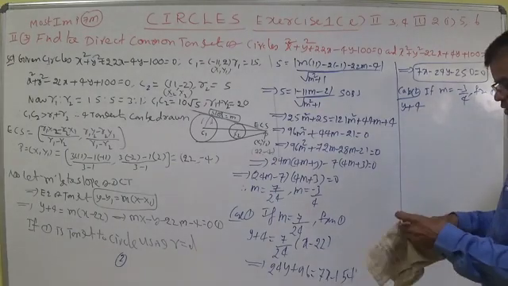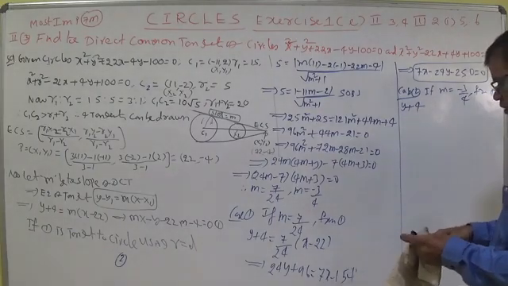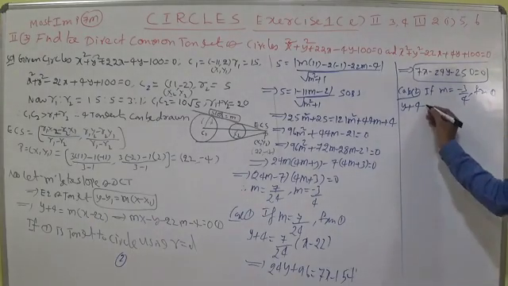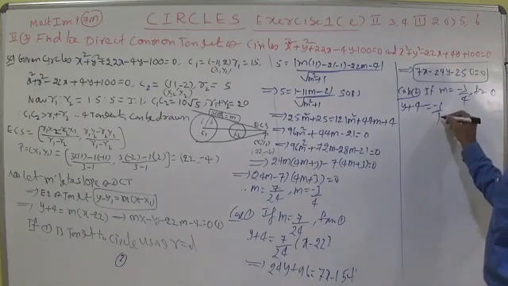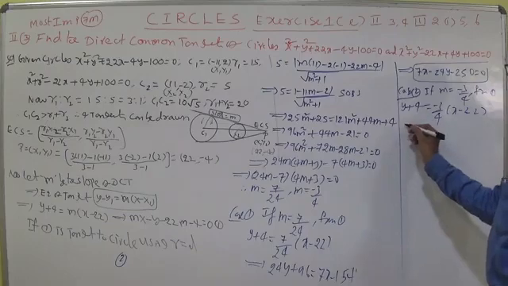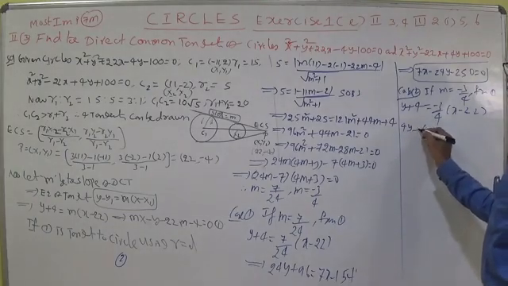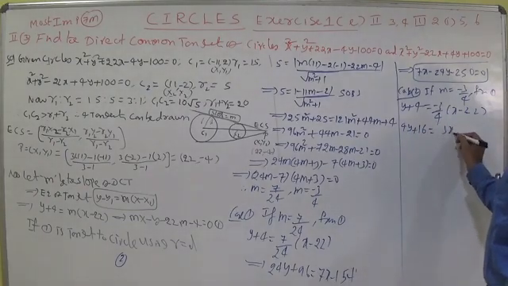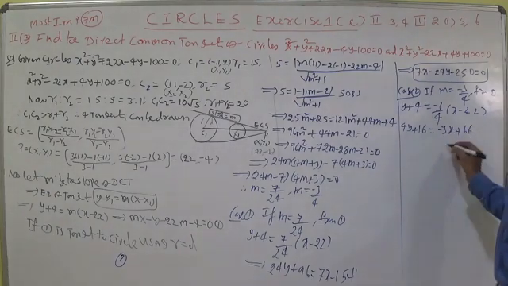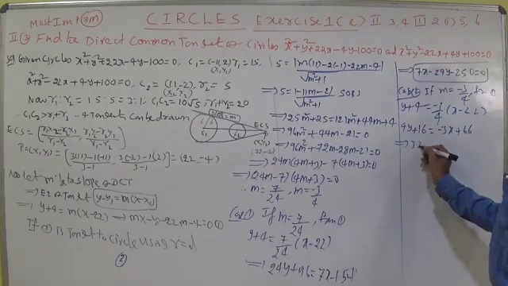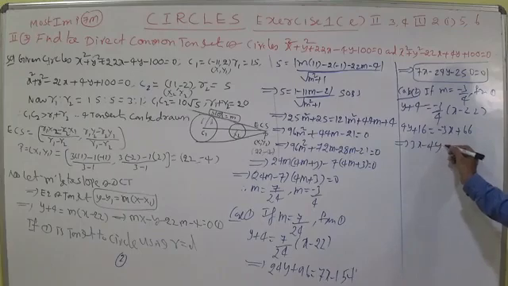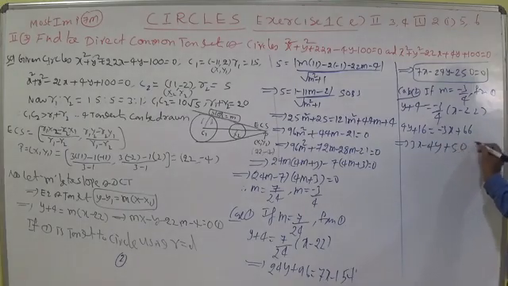Y plus 4 is equal to the value slope minus 3 by 4. Y plus 4 is equal to minus 3 by 4 into x minus 22. Taking cross multiplication, you get here 4y plus 16 is equal to minus 3x plus 66. That implies 3x, this one taken this side, 3x minus 4y plus 50 equal to 0.